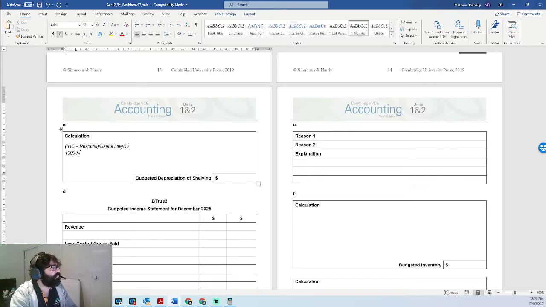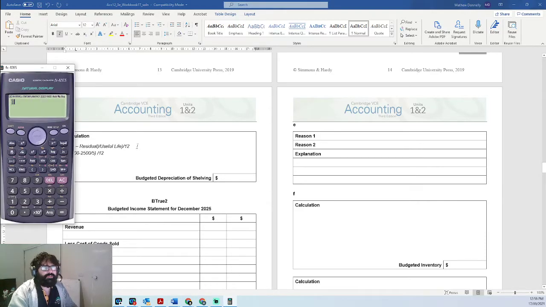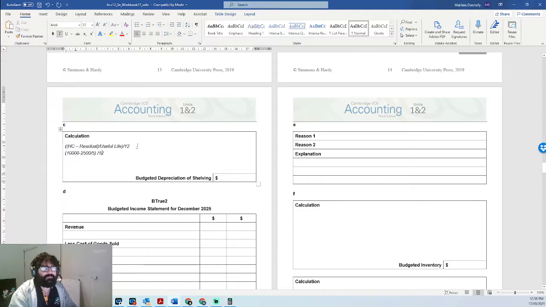The residual amount was 2,500 divided by the useful life of 5 years, divide by 12. So we end up with 10,000 minus 2,500 divide by 5 gives us 1,500.